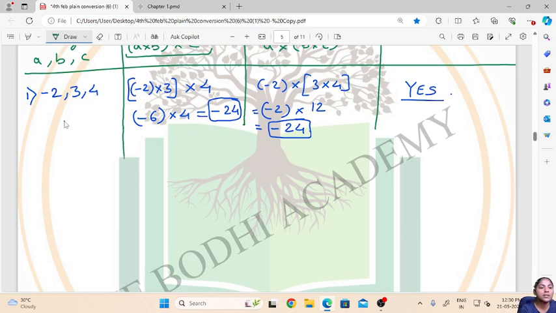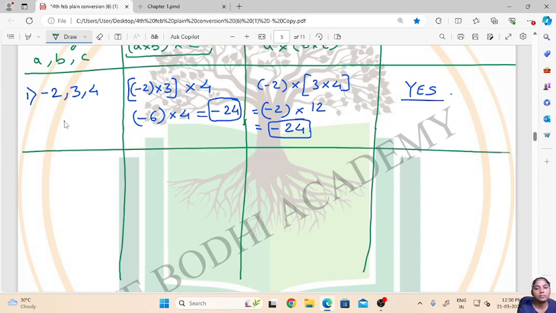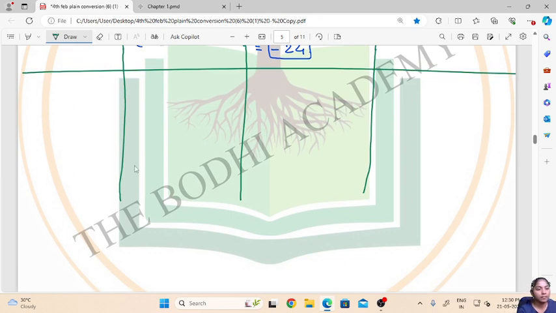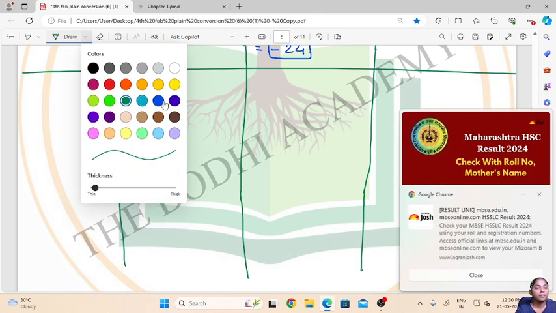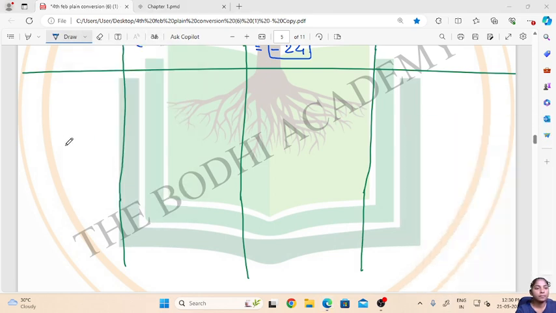So let us see some more examples. The second example is, we have a as 1, b as -5 and c as 9.